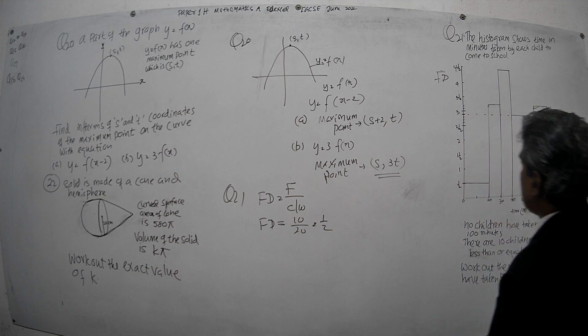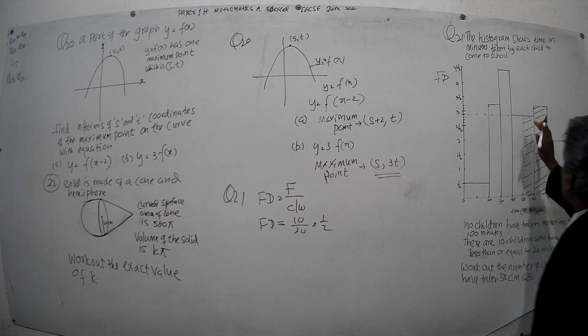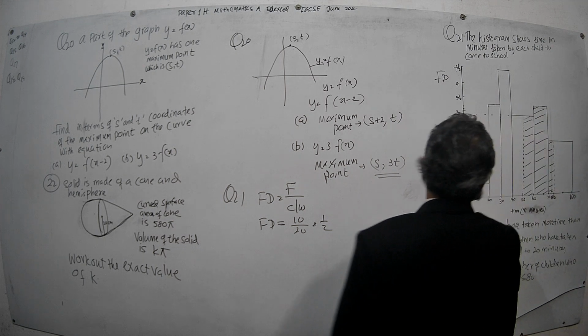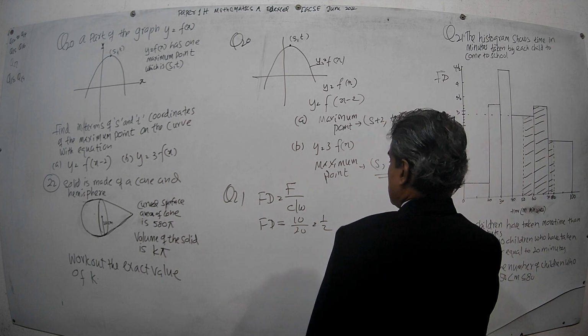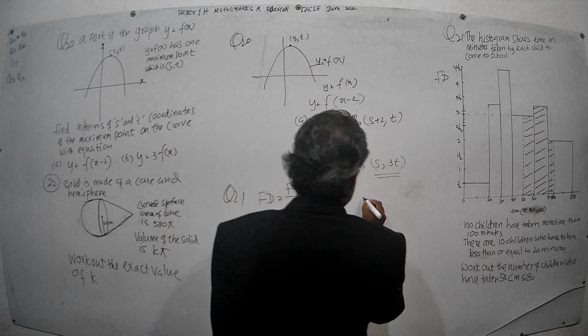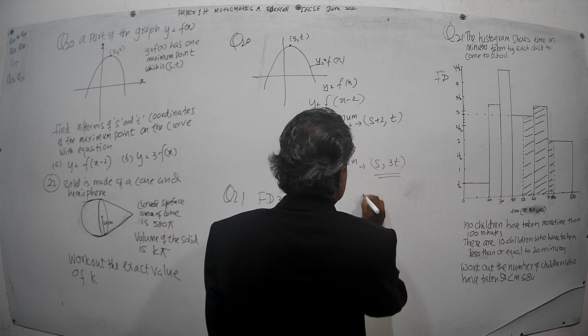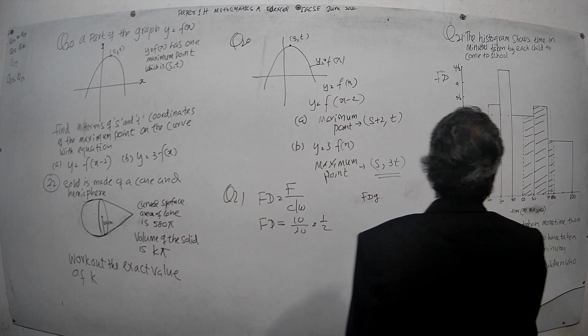Then we find the height of this part, otherwise the FD. FD of what? This one, 50 to 60.